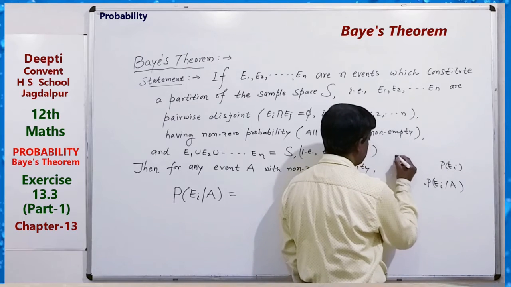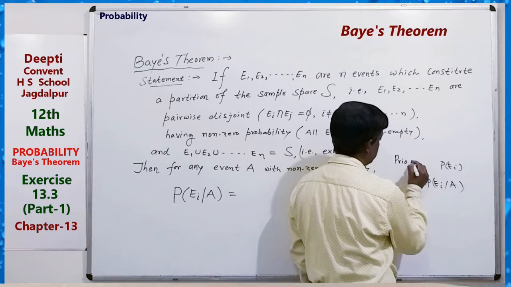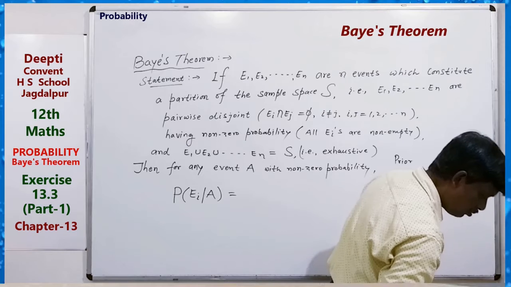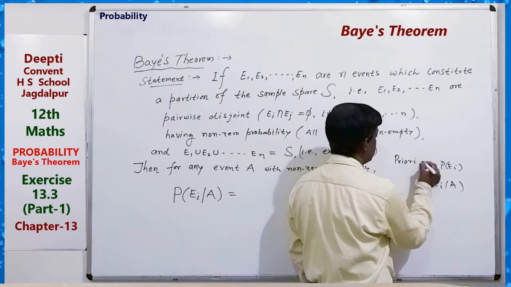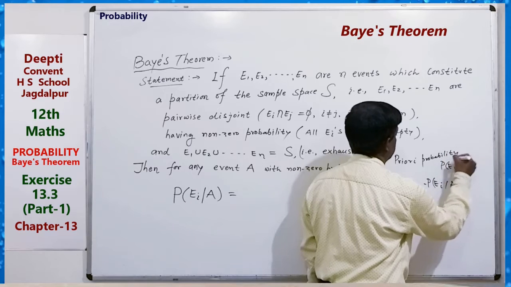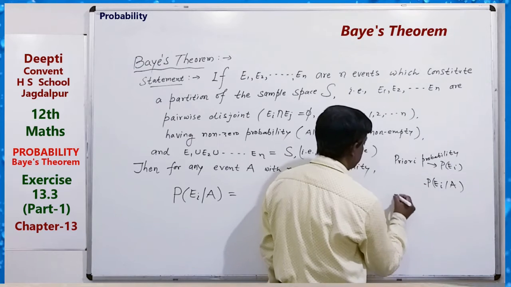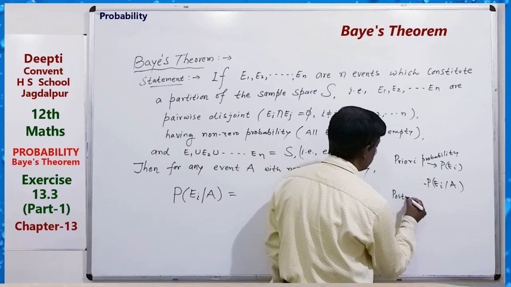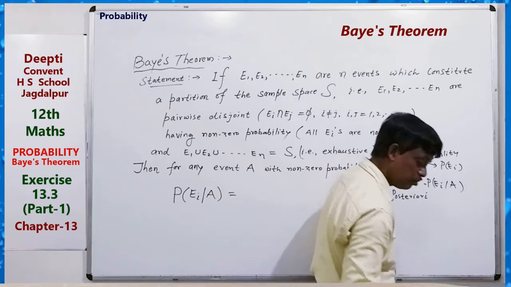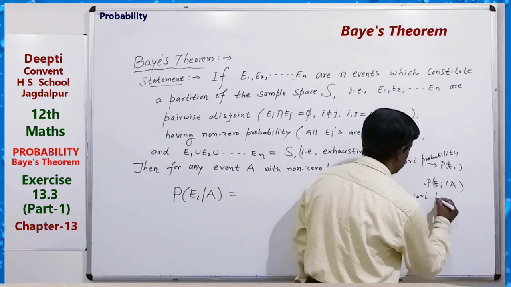This is priori probability, and this is posteriori probability.